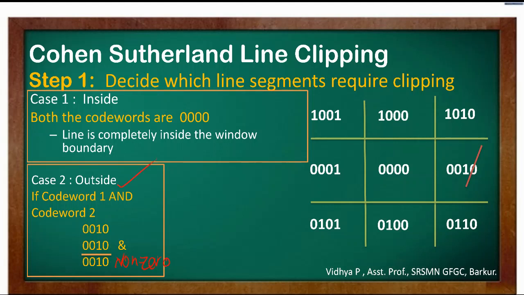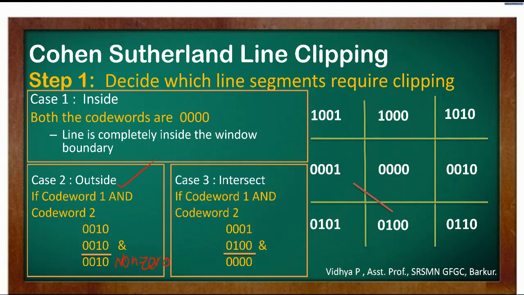In case 3, the line may intersect with the window boundary, that is, it needs clipping. So when you perform the bitwise AND operation, if you get 0000, but the code words are not 0000, then we say that the particular line intersects with the window boundary and it needs clipping.